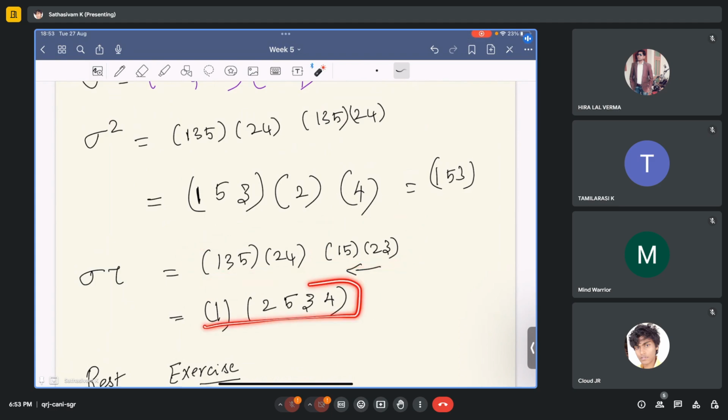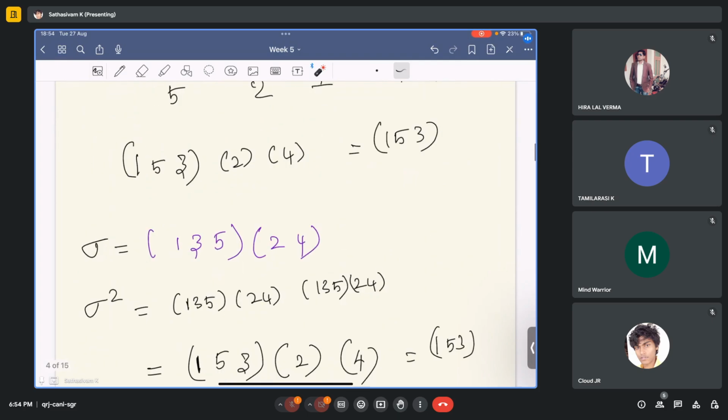Why go one step further and reduce it to a product of disjoint cycles? Because if you write it as a product of disjoint cycles, these cycles commute. For example, here sigma is like this, and these cycles will commute. I can take this to this side also. But if you don't write it as a product of disjoint cycles, these cycles do not commute.